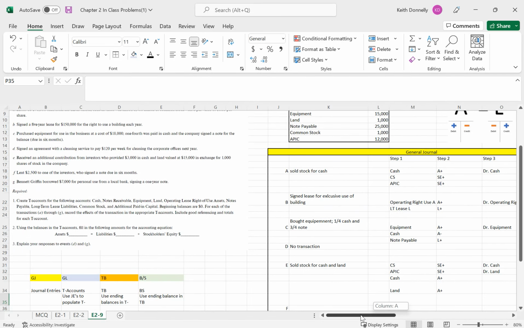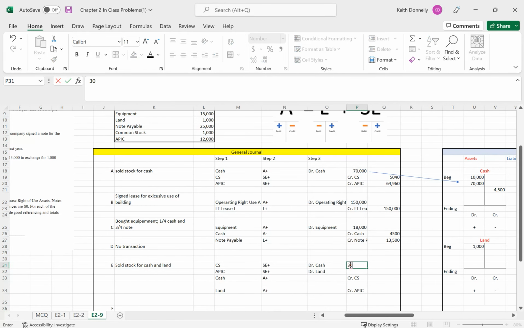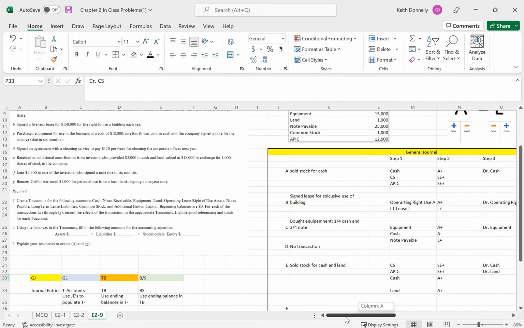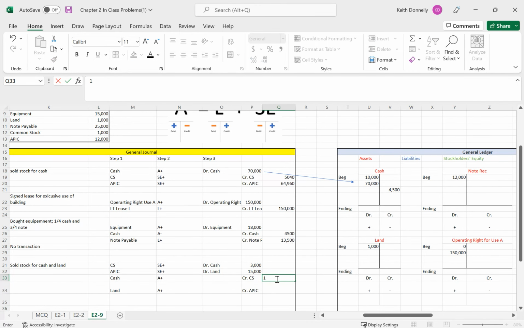So it looks like 3 in cash, 15 in land. So 3,000, 15,000. Then there were 1,000 shares. Okay, so we're going to do equal to 1,000 shares times the 10-cent par value per share gets us 100.